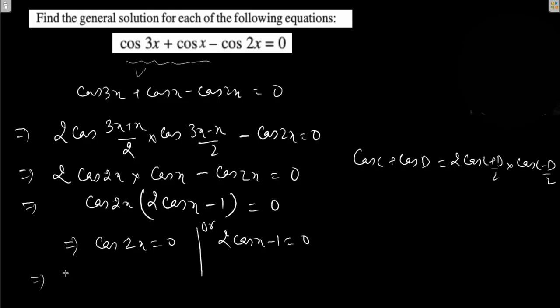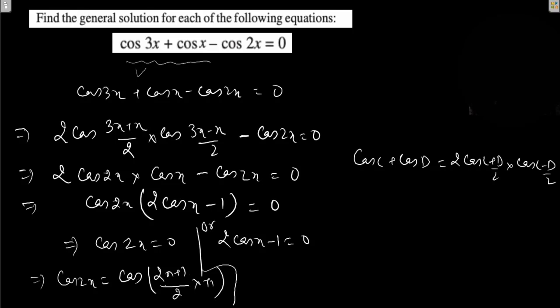You know that when such a thing happens, then 2x would become what? Or rather, let's take two steps. So cos 2x would be what? Cos 2x would be cos of (2n plus 1) into pi by 2, right? Why does this happen? Because it's an odd multiple of pi by 2, and cos of an odd multiple of pi by 2 is always 0.